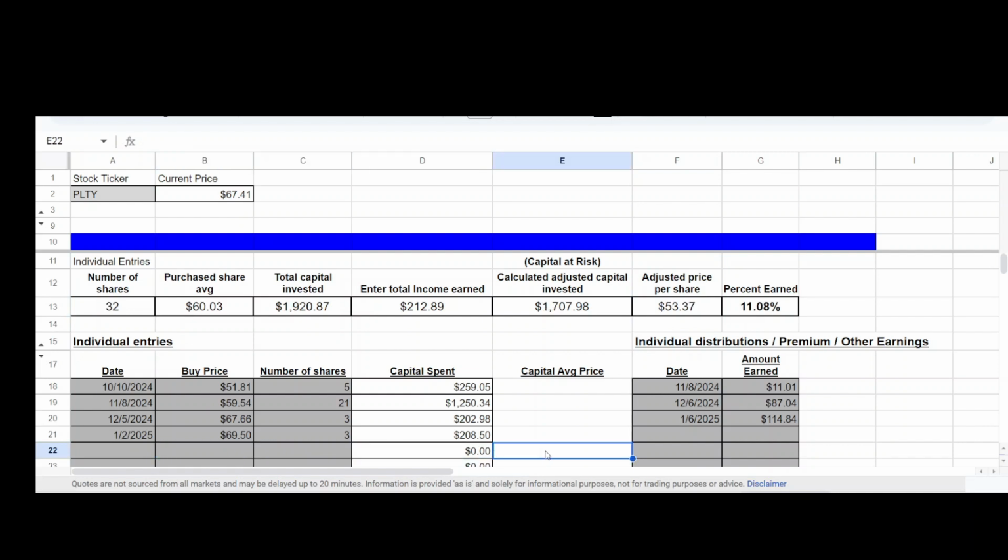I'm going to start being a little bit more careful about when I'm purchasing. I want to try to get these at a lower price. And I'm also going to be, over the next few weeks, looking into selling options on these YieldMax plays. Looking into it right now, I do sell options.